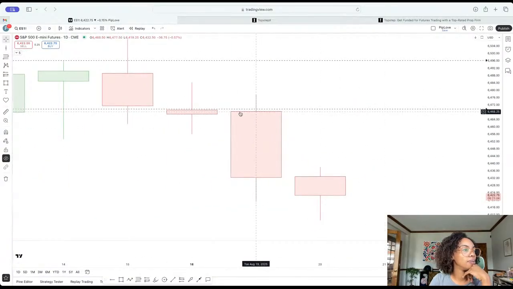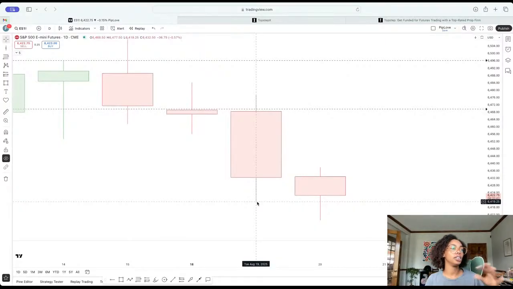Alrighty, so price opened at 64.68. Buyers were able to push price to 64.7750. This candle closed at 64.32. The sellers were able to push it down to 64.19.